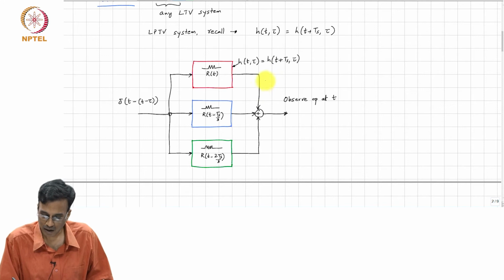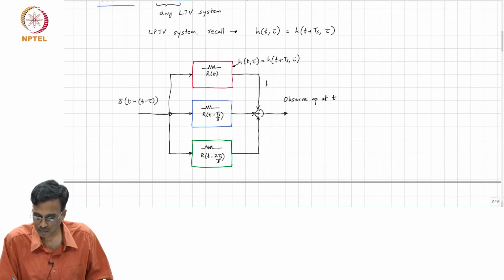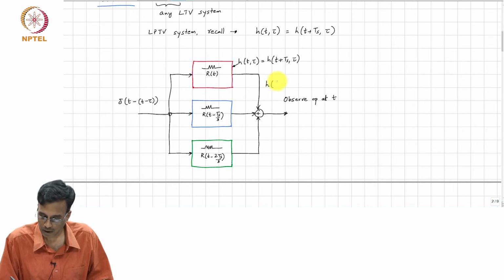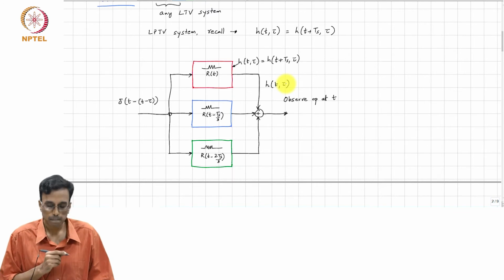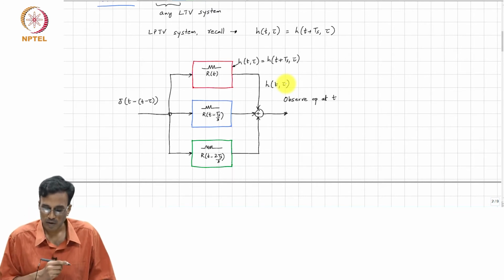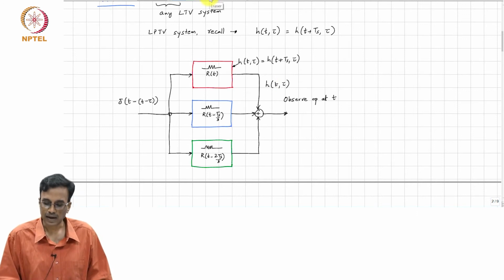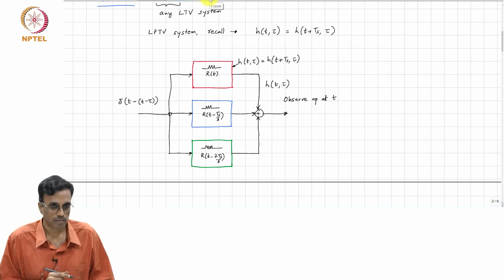I will get h of t comma tau, correct. Now, if I take a snapshot of this system exactly at Ts by 3 later, all right.